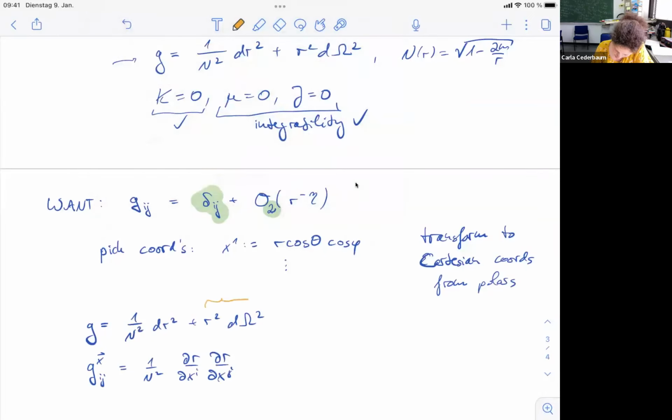I'm writing r squared d omega squared as the Euclidean metric minus dr squared. This is the Euclidean metric in spherical polars, so I don't have to use angular variables and their partial derivatives. This is a neat trick that I recommend remembering if you ever have to work with things like this. So instead of r squared d omega squared, I will now just write delta ij minus dr/dxi dr/dxj. Okay, any questions?